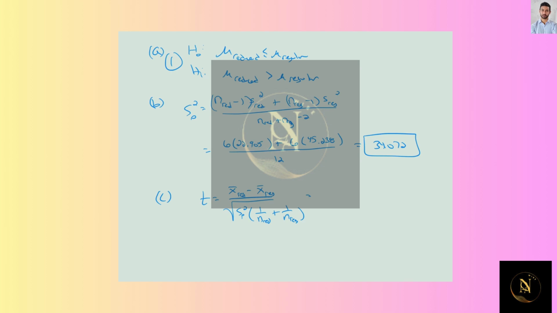The sample mean from the regular is 129.286. The sample mean from the reduced, back up, is 132.714.